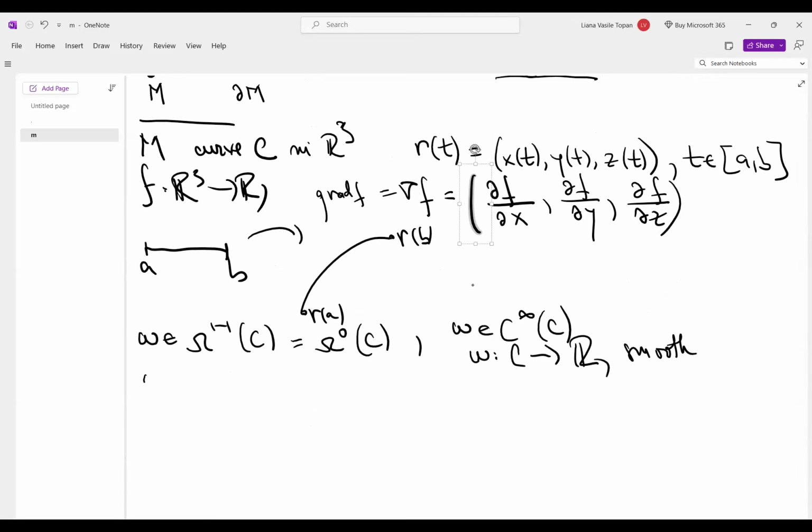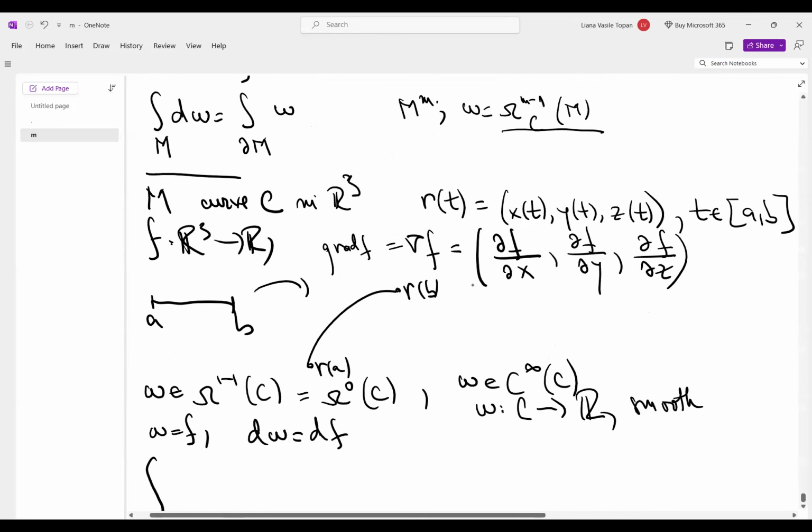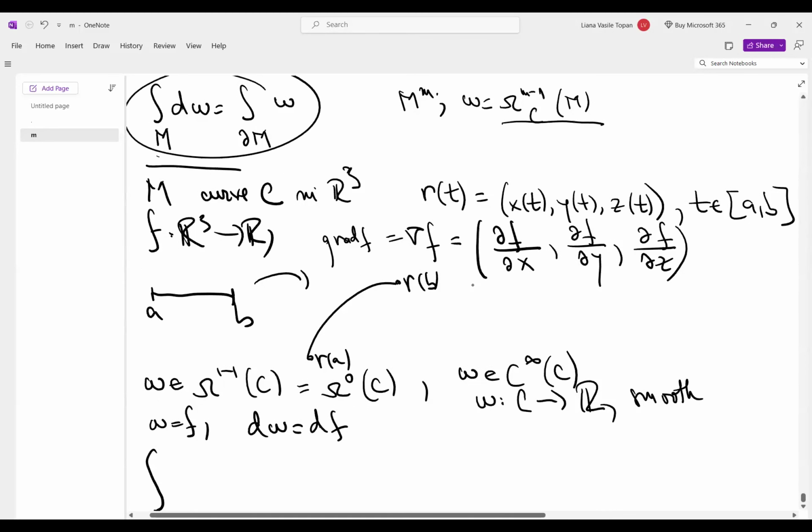So we take omega to be f, and we apply Stokes. So this means integral, where did I write it? Here. M is C, and omega will be the f here, right?